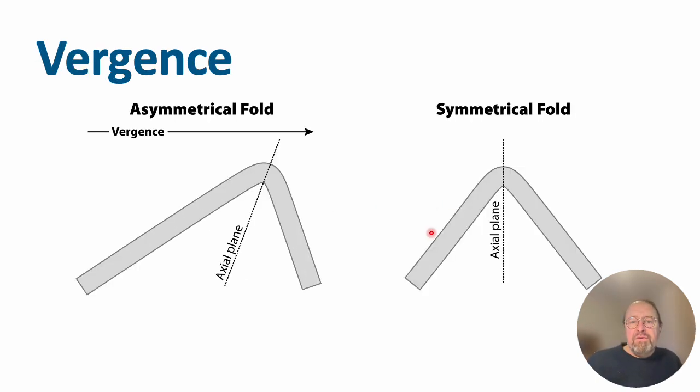So again, folds can be nice and simple. They can be symmetrical, where they're the same on either side, like this, or they may be asymmetric, where the axial plane is not vertical, but the structure is inclined to one side, and that's a very useful feature because this gives us this so-called vergence direction.